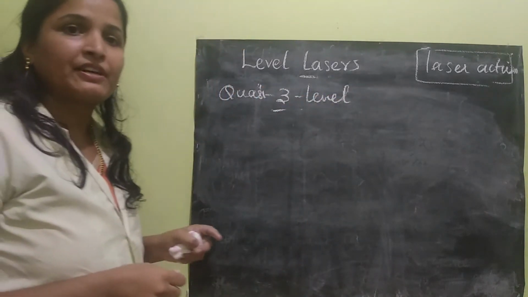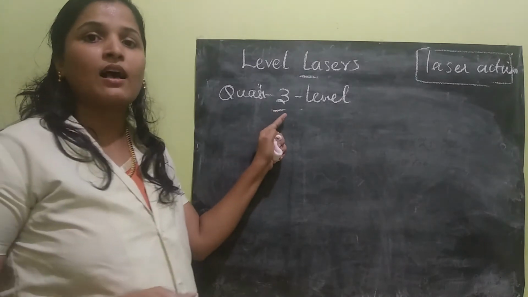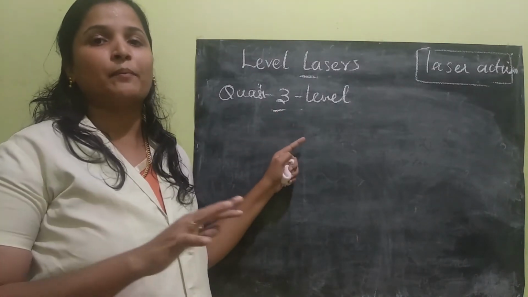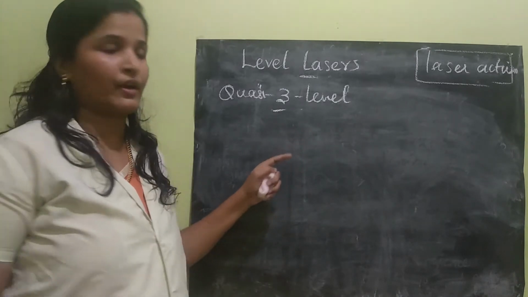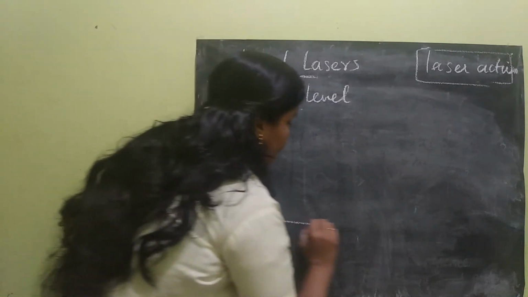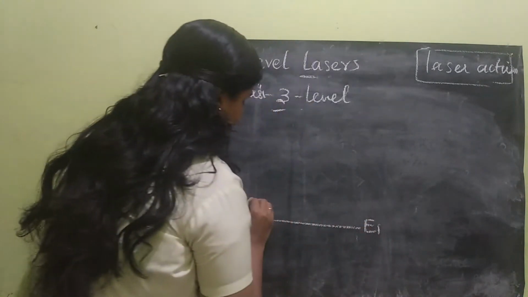In the name itself, it is there: quasi. That means it is not actually a 3-level or 4-level; it is in the middle of both. So I'll draw the diagram first. Here it will have 4 levels of lasers.